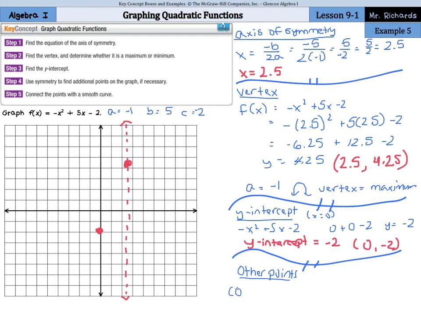Right now 0, negative 2 is 2.5 spots away from that axis of symmetry. So we need to go 2.5 spots on the other side, which leaves us with 5, negative 2. And so I can plot a point at 5, negative 2.